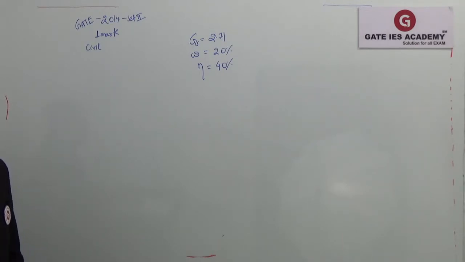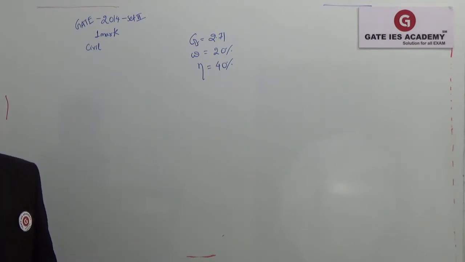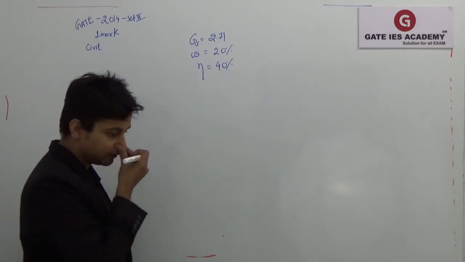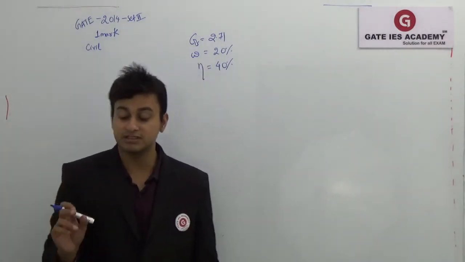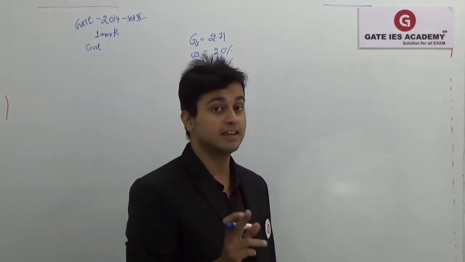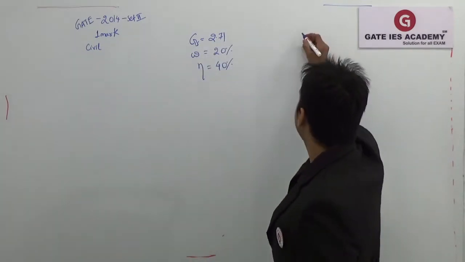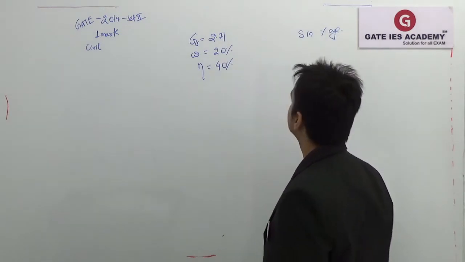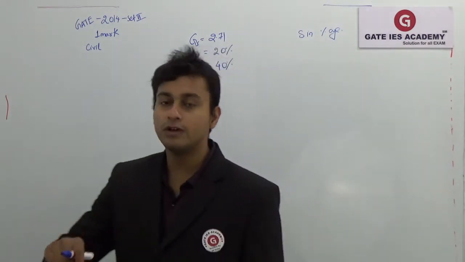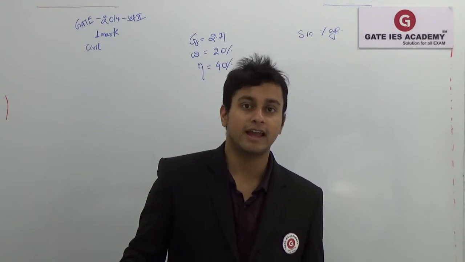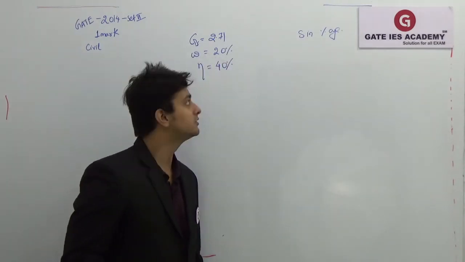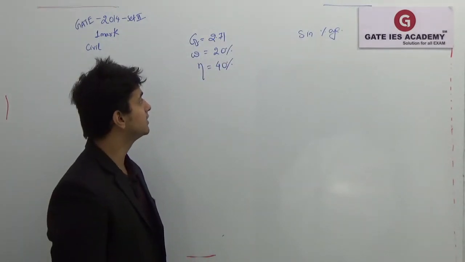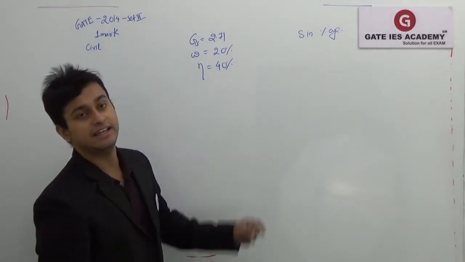That is very, very important, and that too in percentage they are asking for the saturation value. So how will you do it? This is very, very important, very, very easy as well. So what I'll suggest you is, firstly you have to calculate the E value.